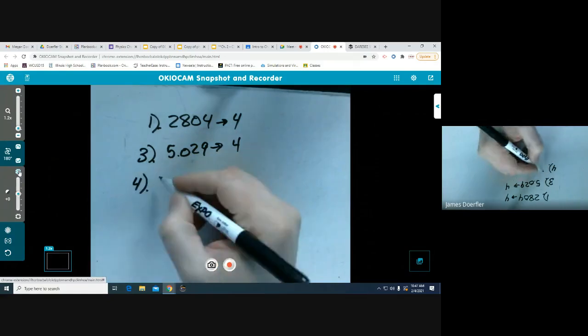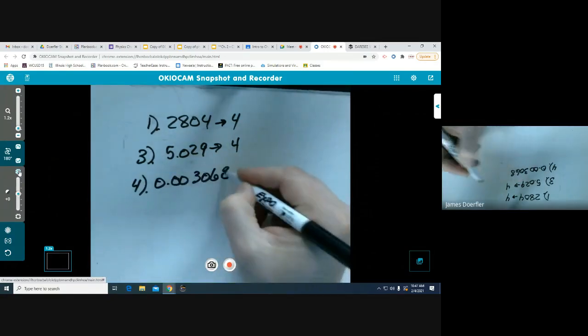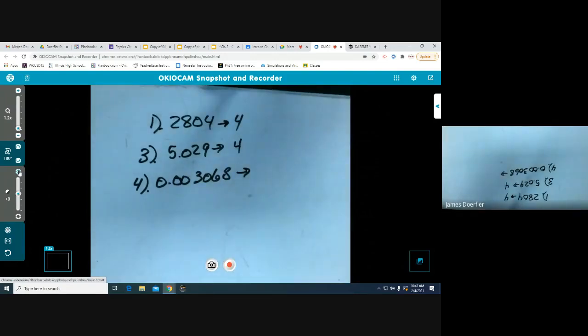Let's look at 4. 0.003068. Who says 4? Who would like to explain why?